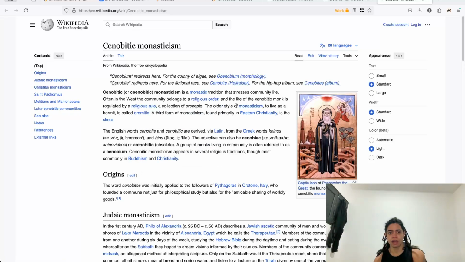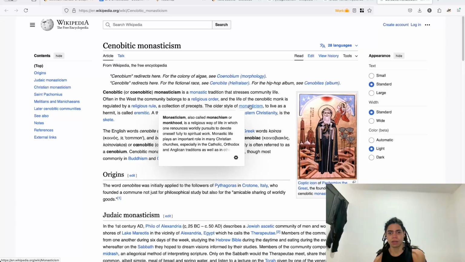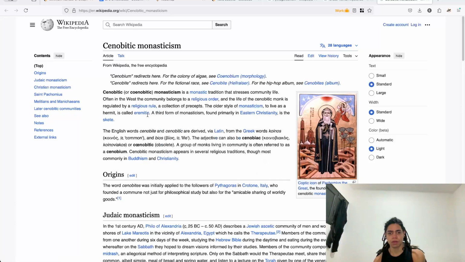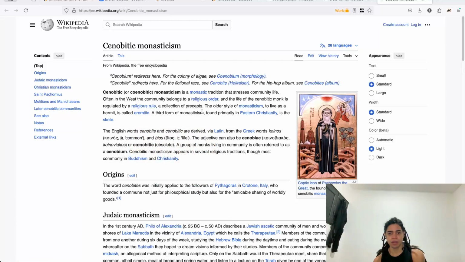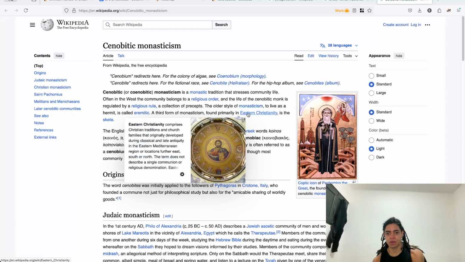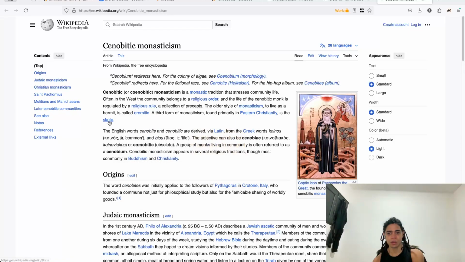The older style of monasticism is to live as a hermit. A third form of monasticism is found primarily in Eastern Christianity, the skete.